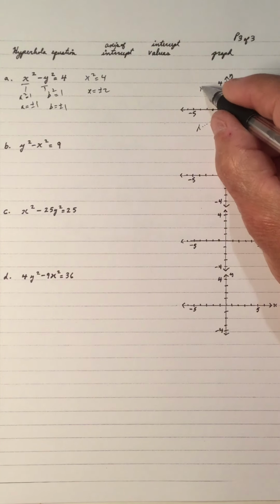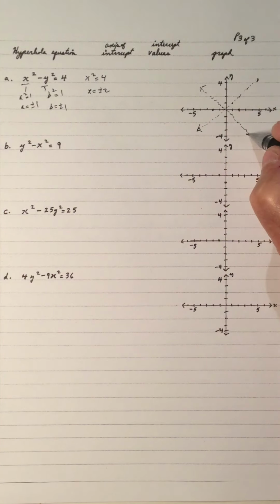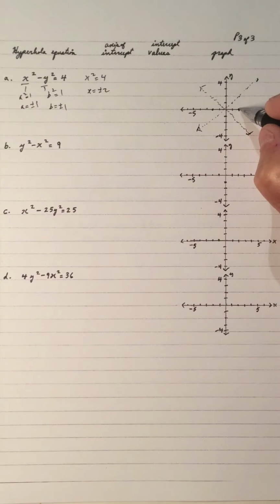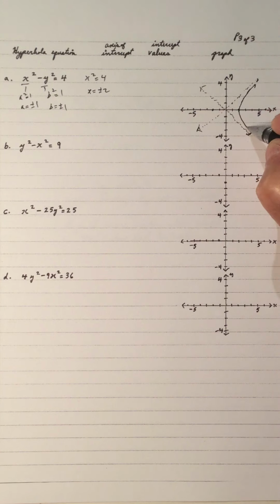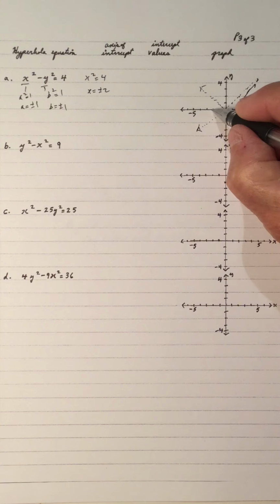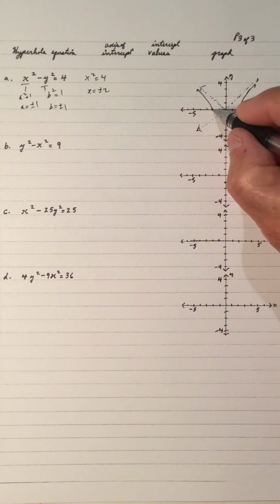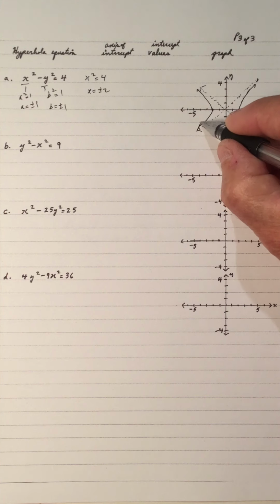Okay, and they're broken. Asymptotes are broken lines. And it has x-intercepts. So it starts here and goes towards this asymptote like this. So it has x-intercepts. It cuts the x, but it doesn't cut the y-axis.